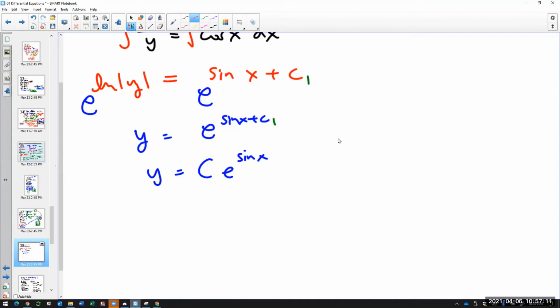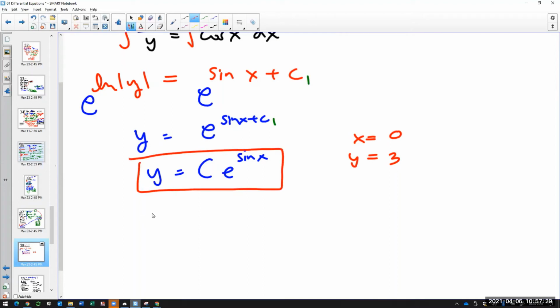Does that make sense? Okay, what's my x equal to and what's my y equal to? Okay, so x equals 0, y equals 3. So this is my answer, but now I'm solving for c. Everywhere there's a y, I'm going to put in 3.